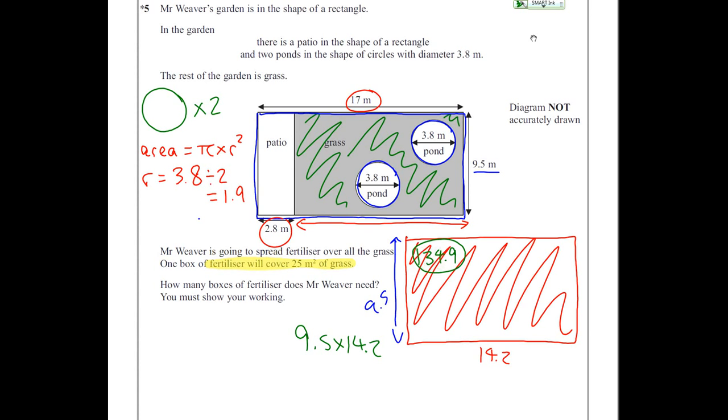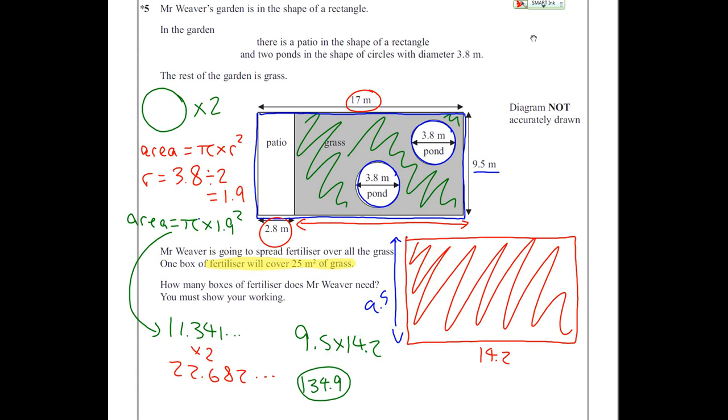So for the area, you do pi times 1.9 squared on your calculator, equals 11.341, etc. Times that by 2 because there's 2 of them, and you get 22.682, etc. And then you're going to do this 134.9.